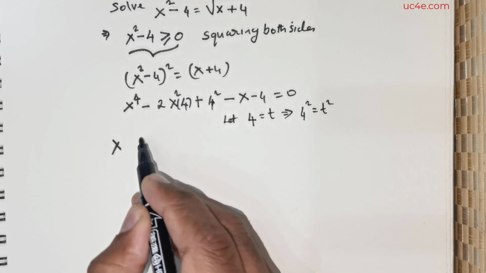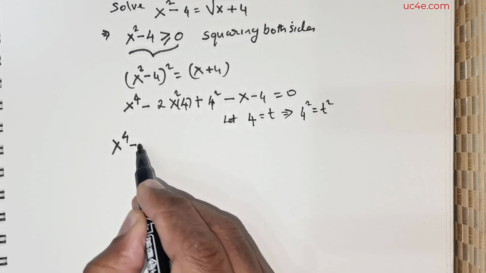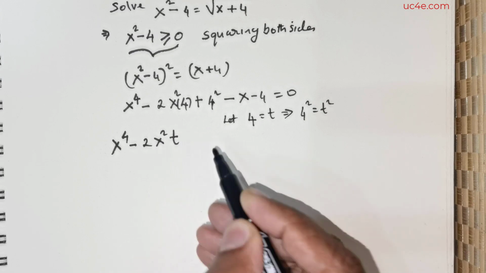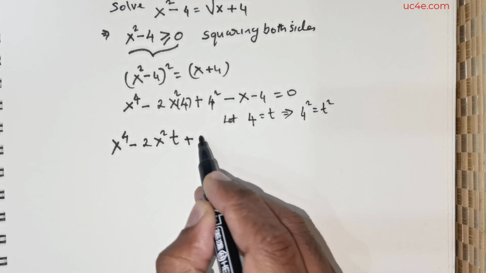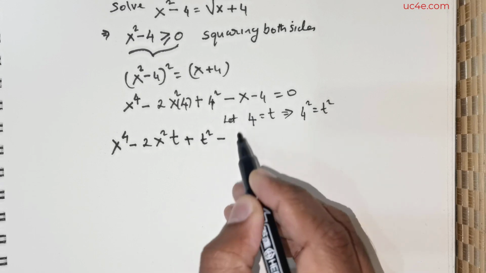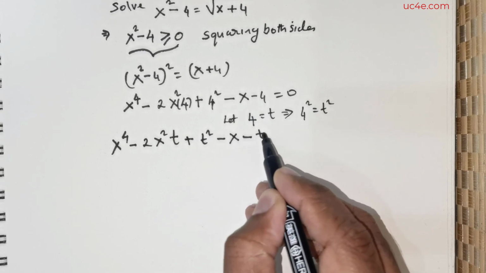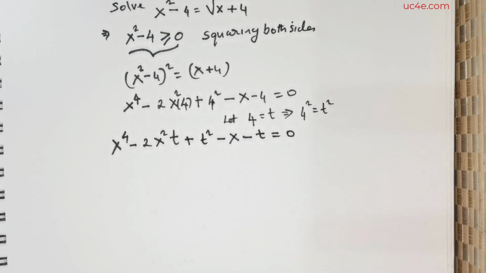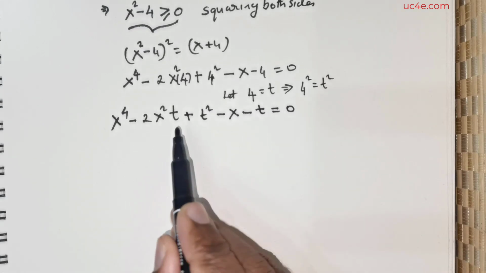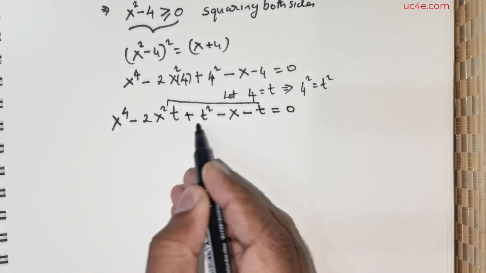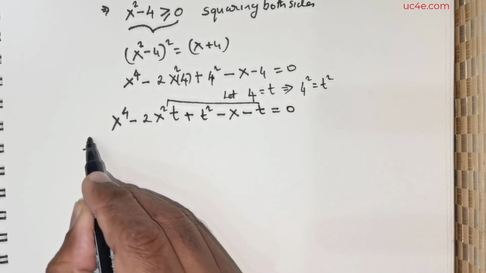So this system can be rewritten as x to the power of 4 minus 2 times x squared times t plus 4 squared, so it's going to be t squared. Minus x stays as it is, and in place of 4 I'm going to introduce t. This is equal to 0. Okay, fair enough. Now I would like to club these together and rewrite this entire system in t.